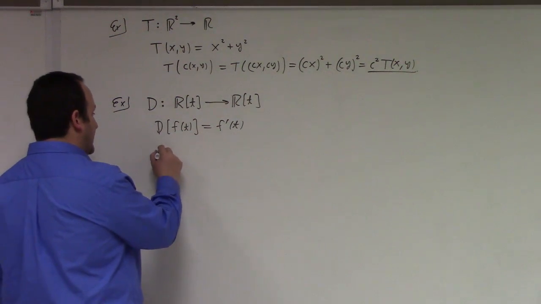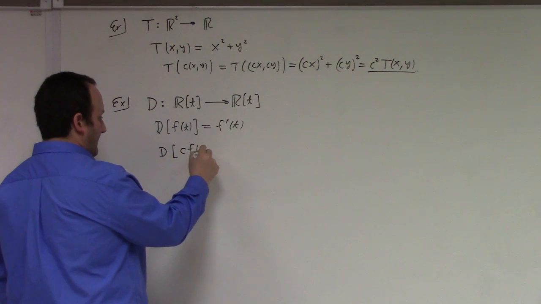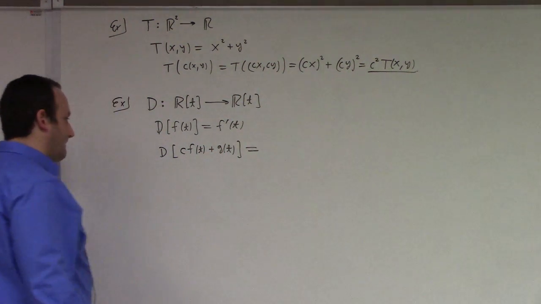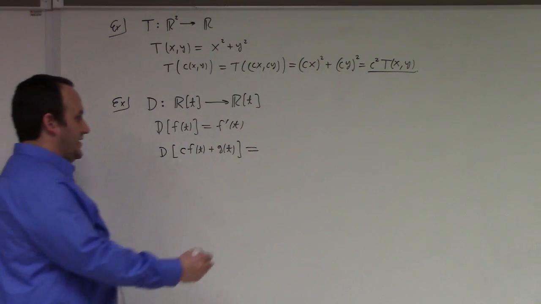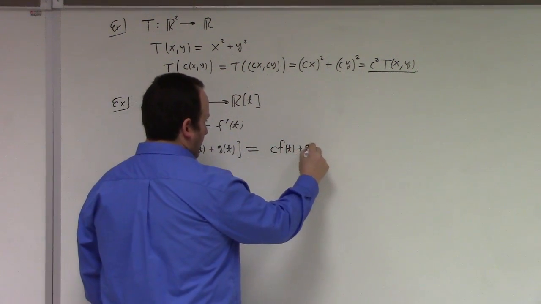So let's see here. Let's be greedy. D of c times f of t plus g of t is equal to what? By definition, it's the derivative of c f of t plus g of t.